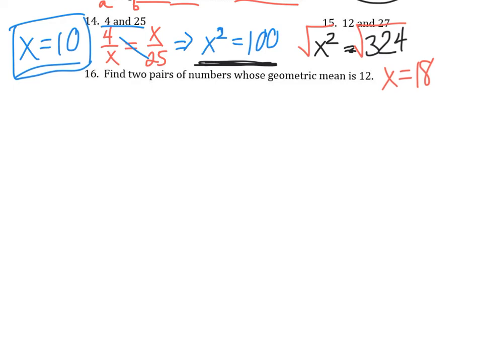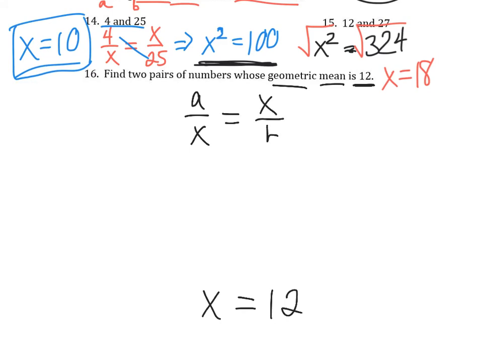Now, for this last problem, they're telling you the geometric mean is going to come out to be 12. So let's think about this. My final answer is 12, so I've got to work backwards. Let's say I set it up to solve for my geometric mean. What were my a and b values that led me there? Well, let's think about what we did.